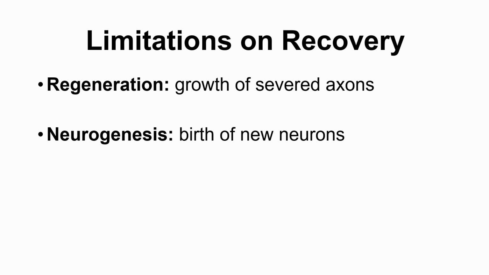The other option is neurogenesis, and this is when new neurons can be born. And this is another one of those rare events. It does still occur fairly commonly in some specific areas of human brains. Specifically, I think this was experimentally seen in mammals in general, not human specific.